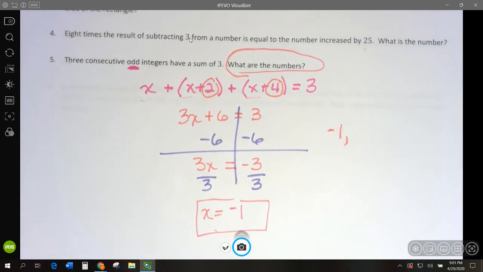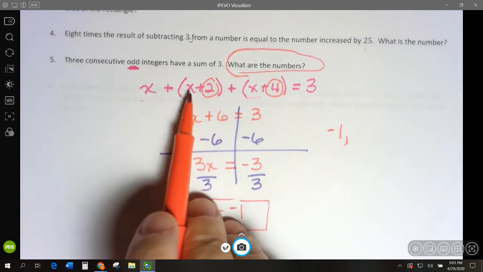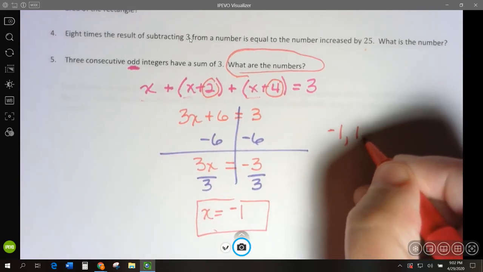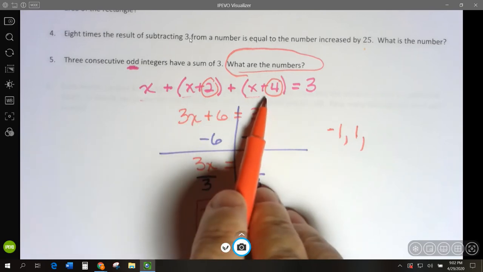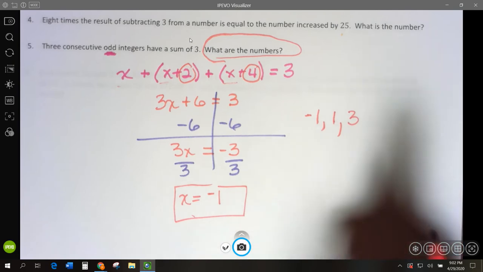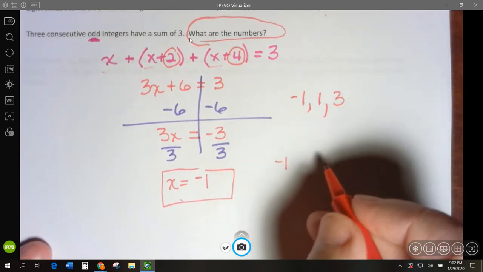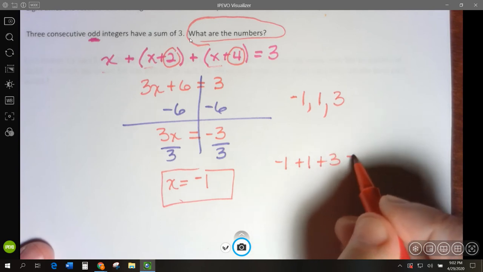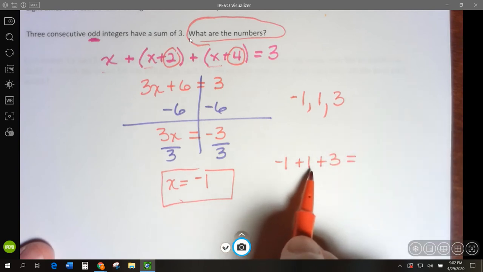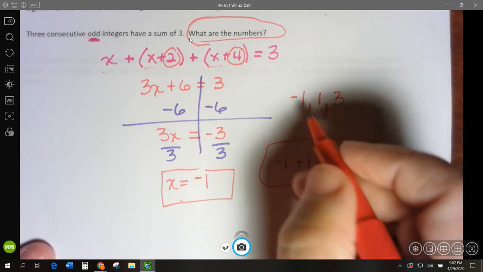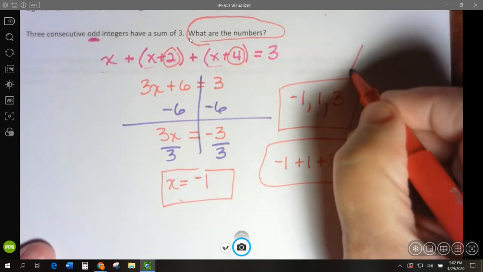Our next odd integer is going to be negative 1 plus 2, which would be positive 1. And the next one would be 2 more, which would be 3. And to check it, negative 1 plus 1 plus 3: negative 1 plus 1 is 0, plus 3 is 3, and that is true. So these are the numbers.